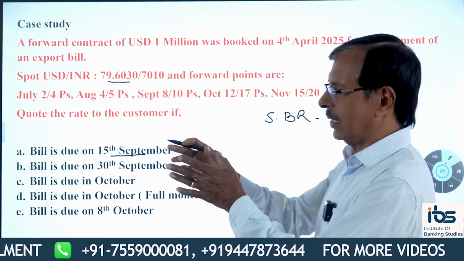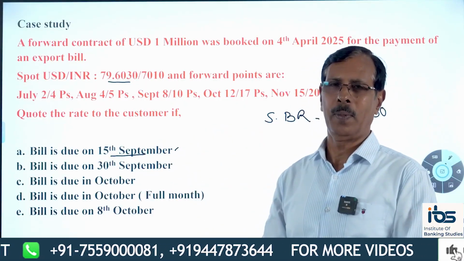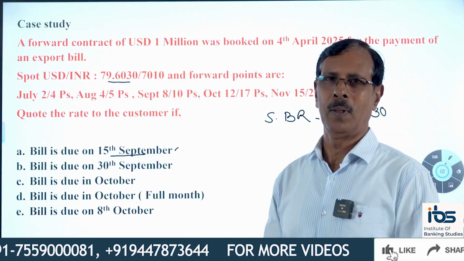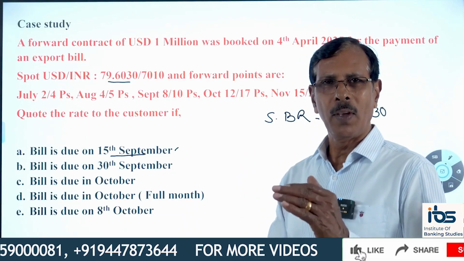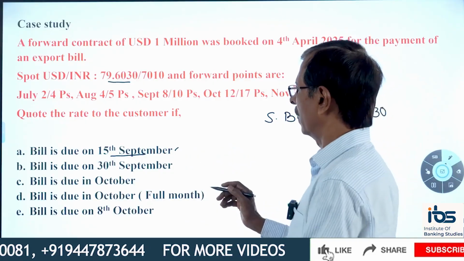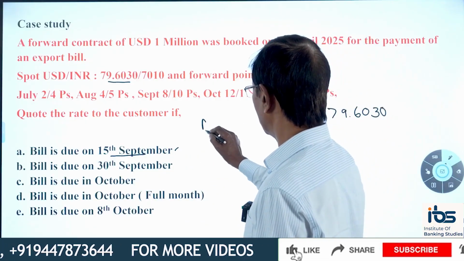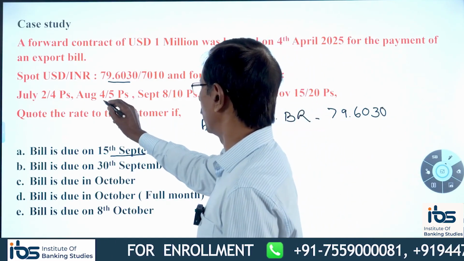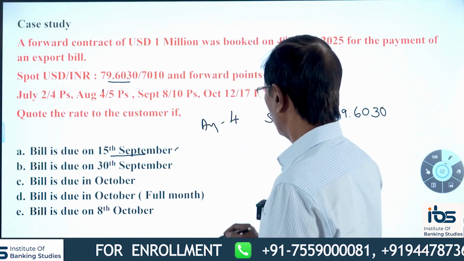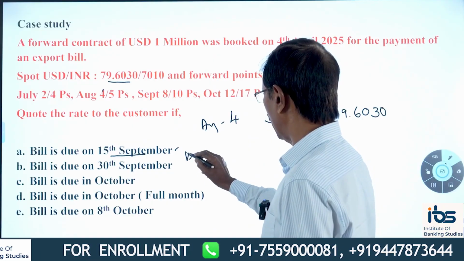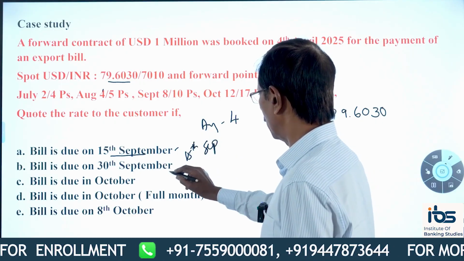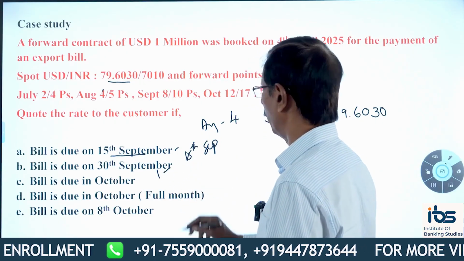September means the full month of September, but the customer is eligible only up to 15th September. So what we do is give the premium up to August. Up to August, it is 4 paise, the buying one. Then we want it proportionately for 15 days, that means 1st September to 15th September.